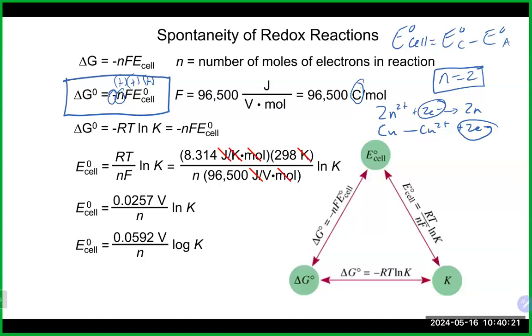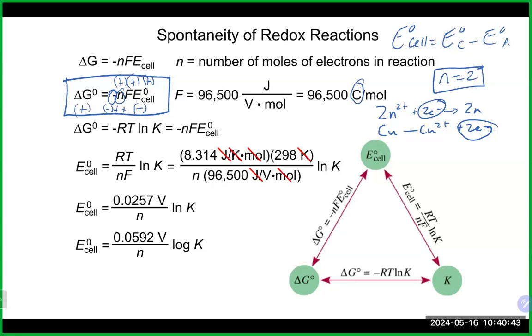So also why if you get a negative cell voltage, not so good, because a negative voltage there, positive, positive, negative, two negatives make a positive for your delta G. So if you get a negative cell voltage, you basically made a non-spontaneous situation, and your delta G will be positive, which means it pretty much will not work.